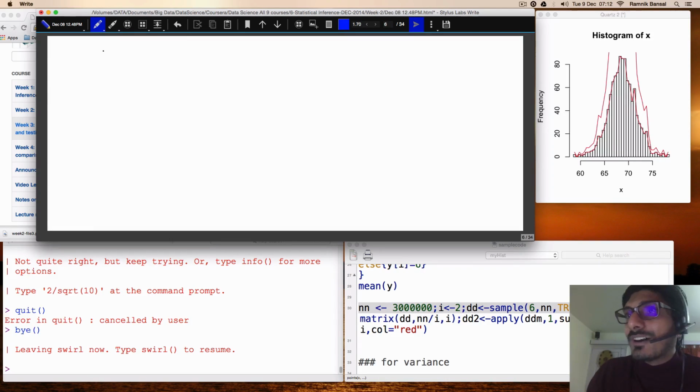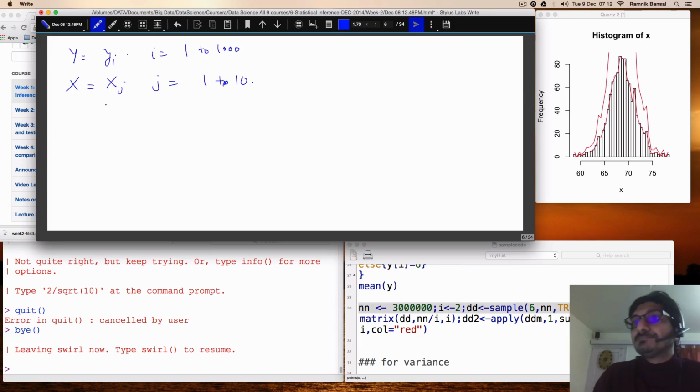I had yi where i is from 1 to 1000, and this is my population. And then I'm taking x out of it. Let me call it xj, where j ranges from 1 to 10.